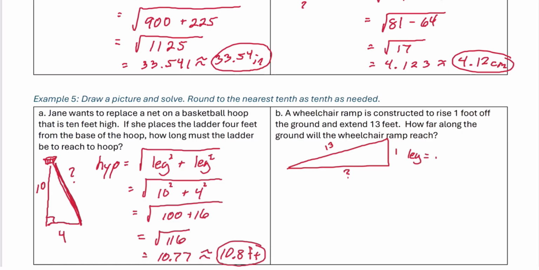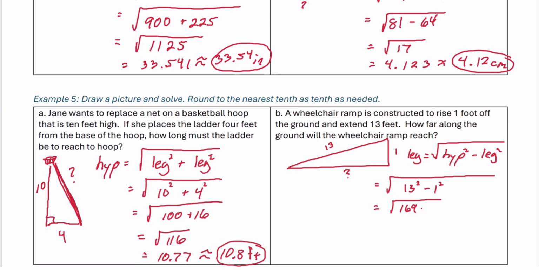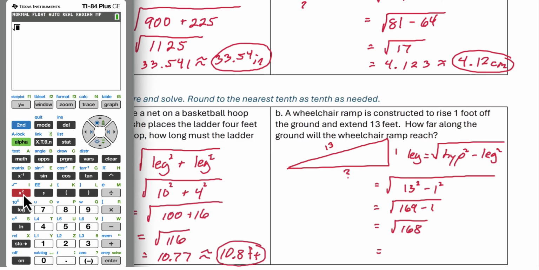The leg formula is the square root of the hypotenuse squared minus the other leg squared. So we have the square root of 13 squared minus 1 squared. 13 squared is 169. 1 squared is 1. So we have the square root of 168.